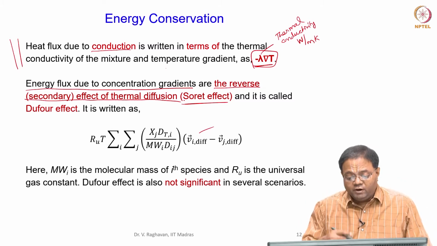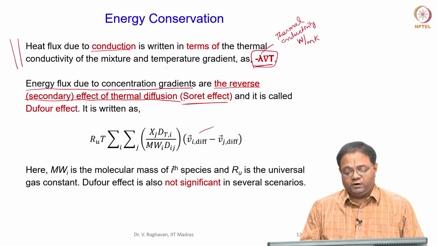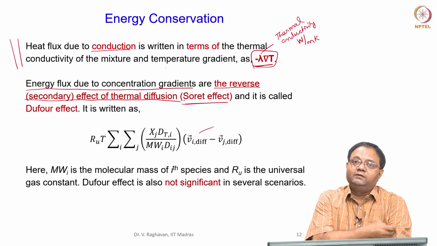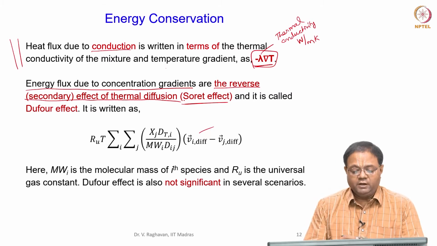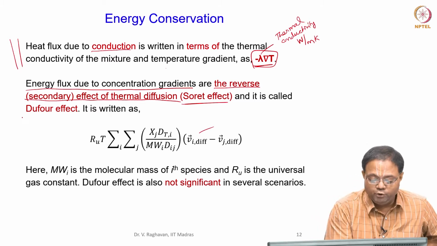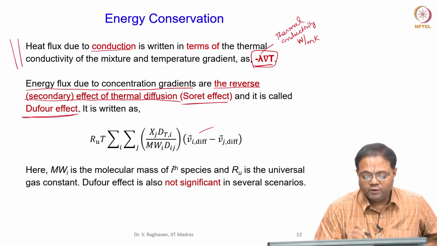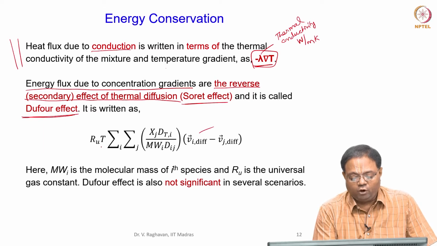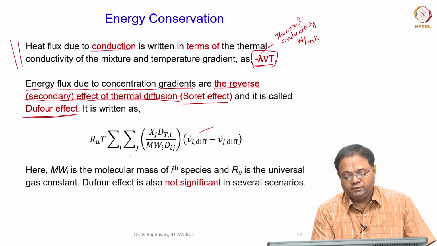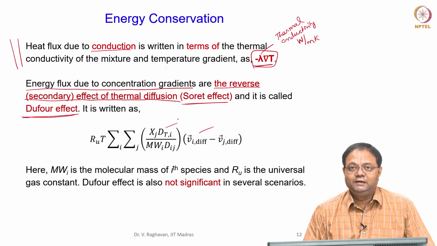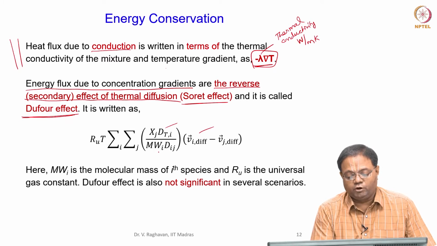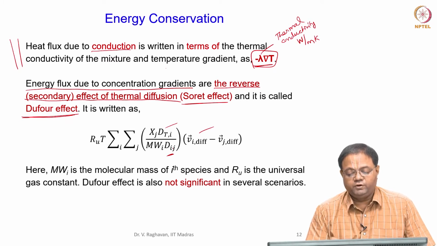Now, the reverse of this: due to the Soret effect, there is a contribution to energy flux due to the concentration gradient, which is the reverse effect called the Dufour effect. That is written as RUT, with a summing up of the mole fraction of j into the thermal diffusion coefficient DT of the ith species divided by the molecular weight of i, and Dij is the binary mass diffusivity of any two species.